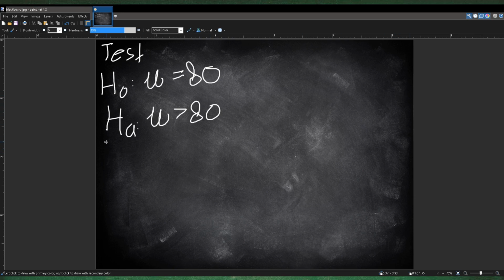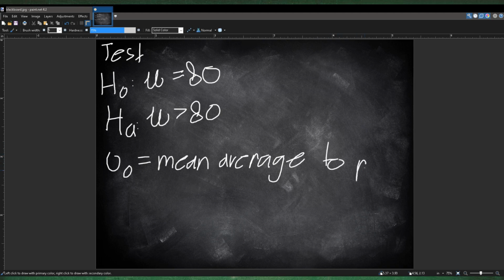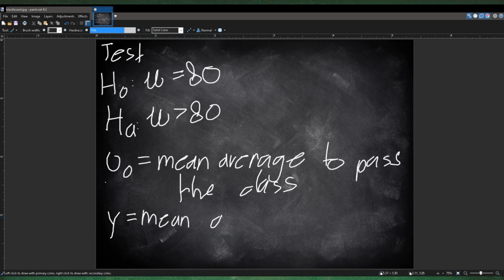Okay, and now you basically just define your variables. So your μ0 is equal to the mean average to pass the class. Basically, put everything in context. And then we have ȳ, which is the mean average of your sample of your test scores.